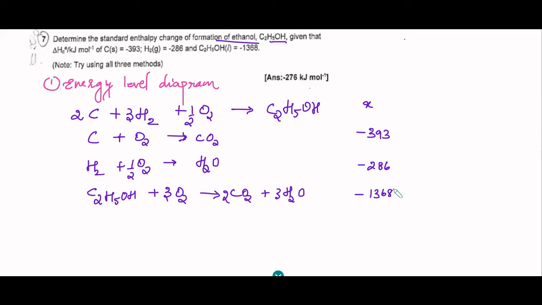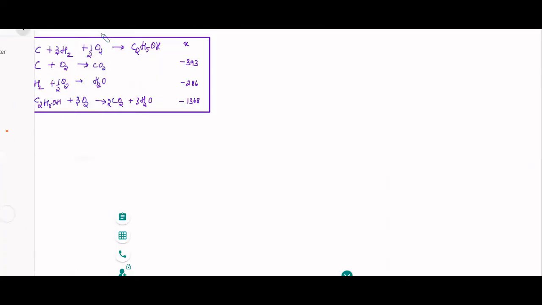Now I'll use these equations to generate my energy level diagram. Here I have the equations I made. For generating the energy level diagram, I'll choose the equation which has the maximum number of compounds to be at the top.